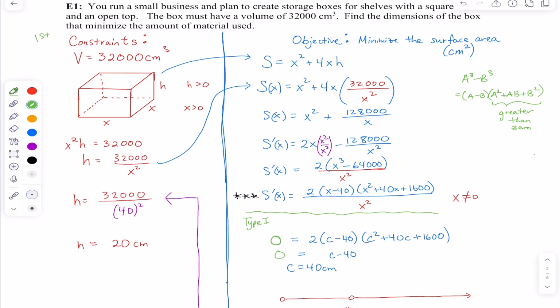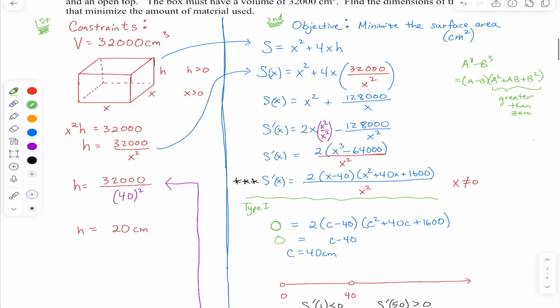So usually I start with constraints, but then I quickly go back to the objective. Then after I do a little bit of the objectives, I later realized I need to get h in terms of x. And that gets us to this fourth crucial step right here, which is finding that differentiable function in terms of one variable.